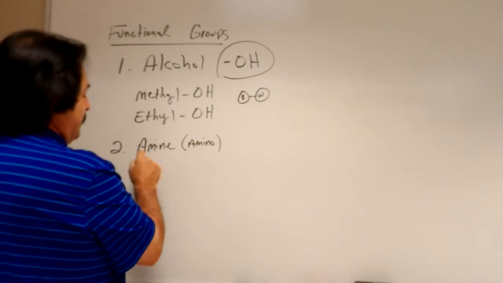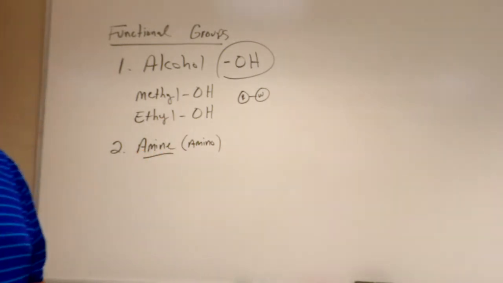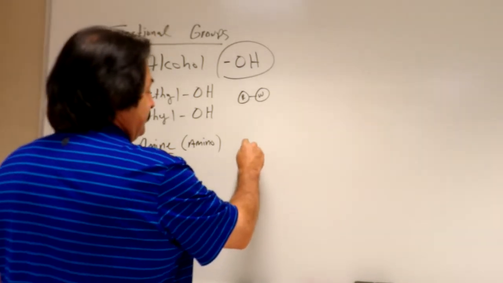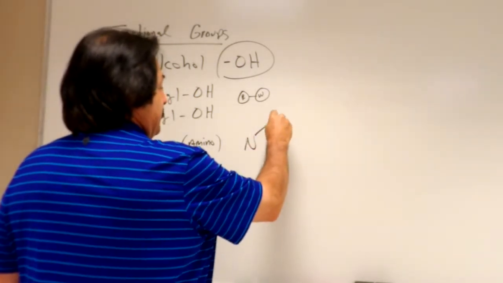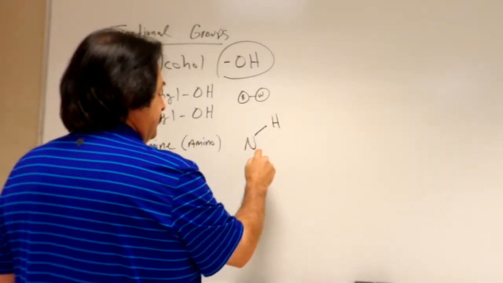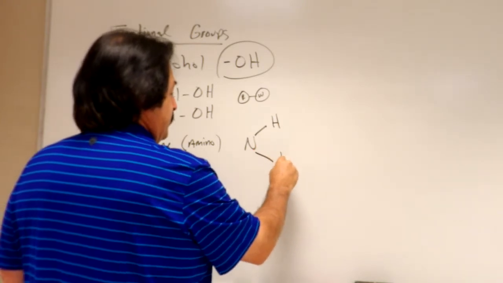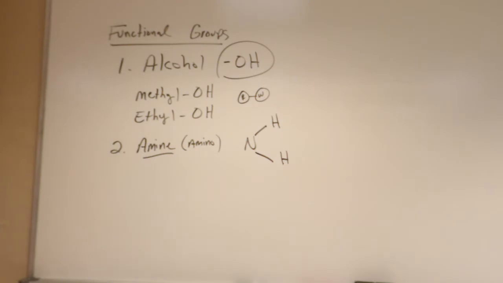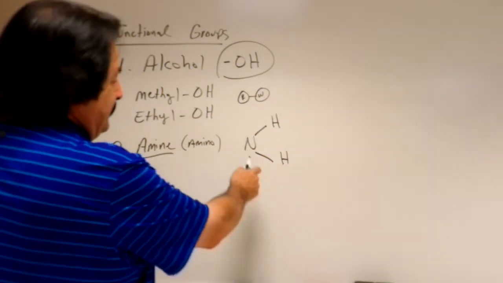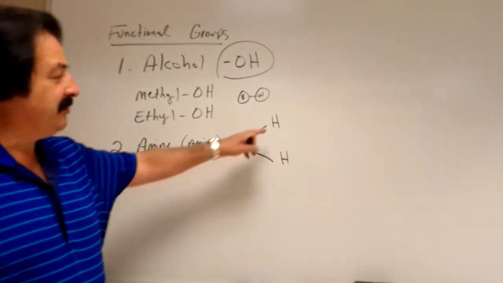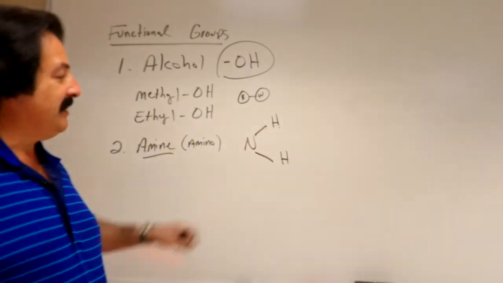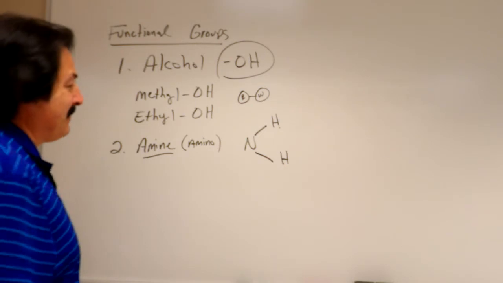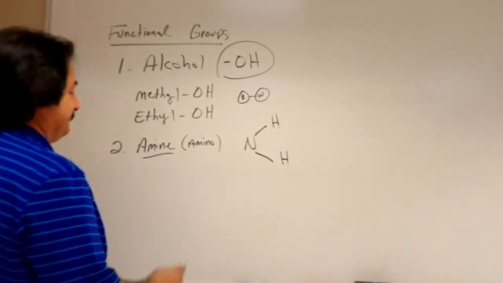I guess both are okay, but the amine group is made up of a single nitrogen bonded to two hydrogens. Okay, so you remember nitrogen is blue, hydrogen's white, a blue marble with two white ones. All right, so your amine group.